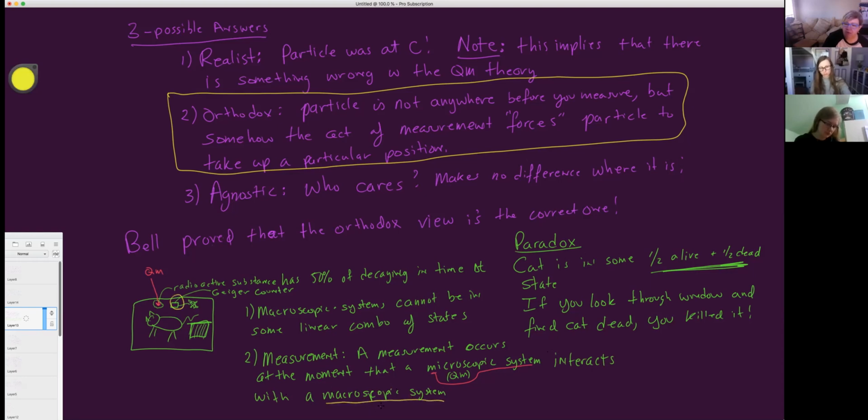Macroscopic system is code for a classical physics system. So it interacts with a macroscopic system in such a way as to leave a permanent record.